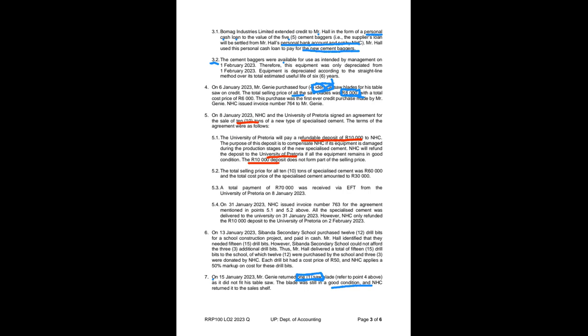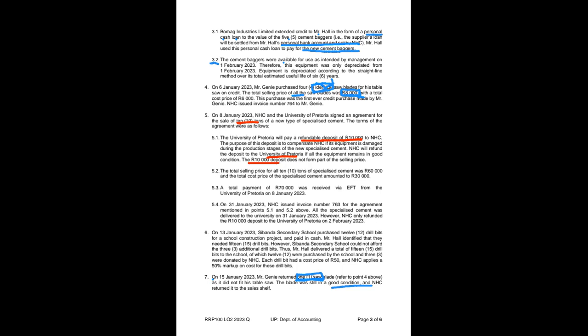It will either be refunded to the customer or it will be used to repair the machines. It's never going to become income. So we can't record it as income. Does that make sense? Right? We can't record it as income. Okay? So that's point 1.